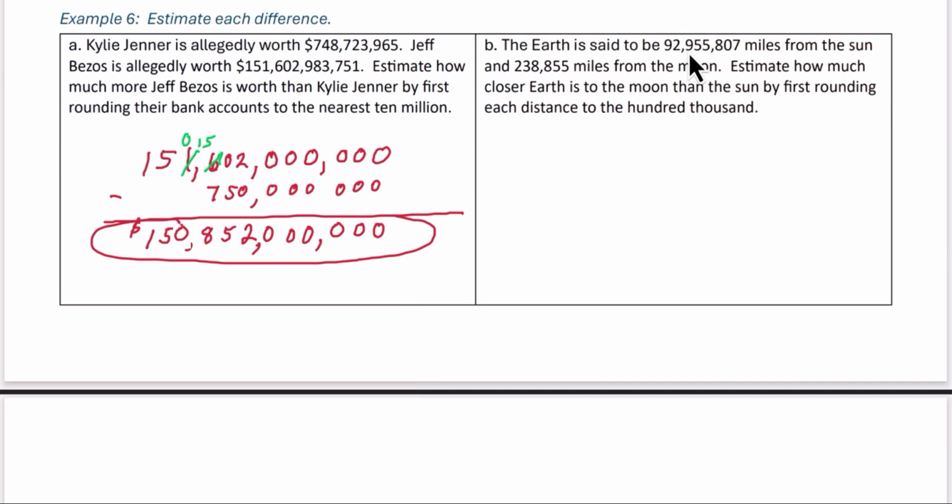Look to the right of the 9 and we get a 5. So that means we round up, which tells us to add 1 to the rounding digit. Adding 1 to the 9 makes this 10, which means we carry the 1 over to get 93 million miles. And we want to also round the Moon's distance to the 100,000s place.